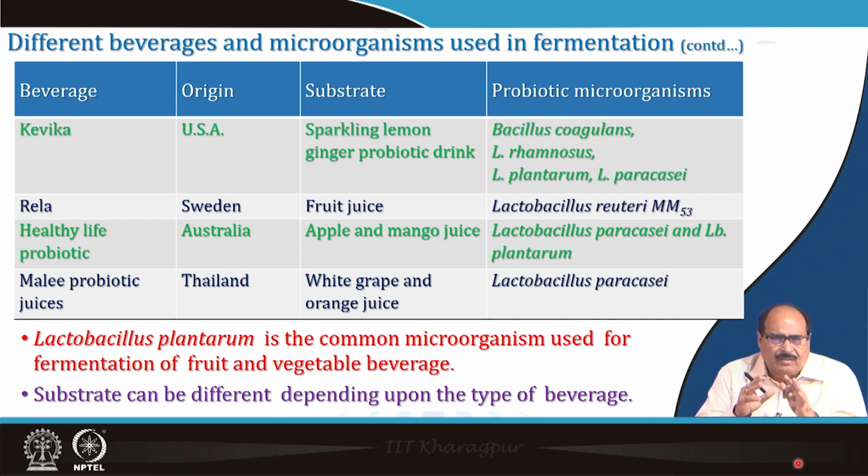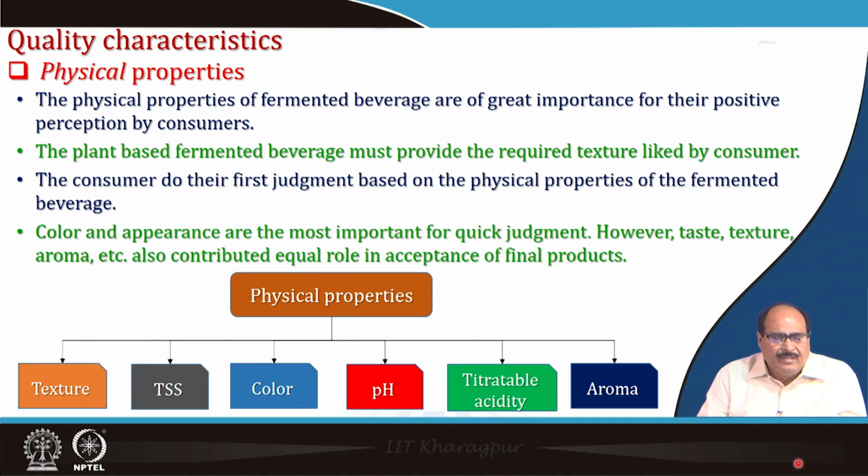So the substrate can be different, depending upon the type of beverage that is required, but the same microorganism can act there. As far as the quality characteristics are concerned, you will see physical, chemical, microbiological, etc. The physical property is a very important phenomenon for a fermented beverage.